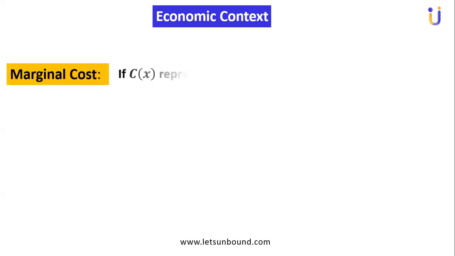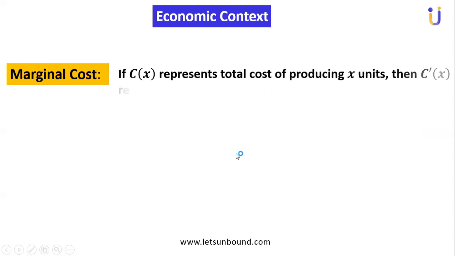A lot more context is there. Economic context. The best example is marginal cost. If C of x represents the total cost of producing x units, then the first derivative will give you marginal cost. Marginal cost means: if you produce 5 units and then you want to produce one extra unit, the 6th unit, what is the cost?